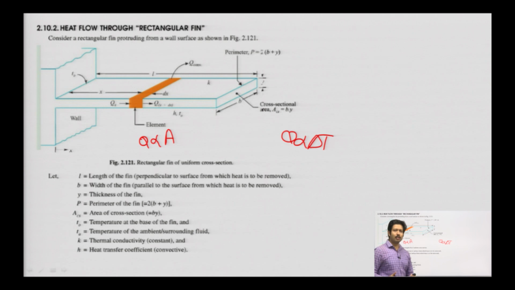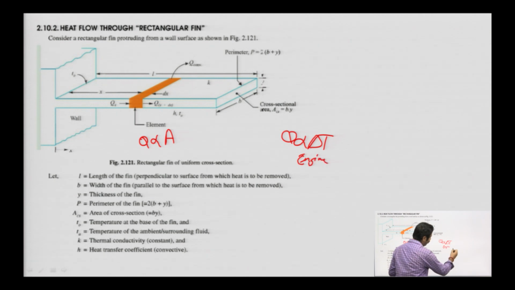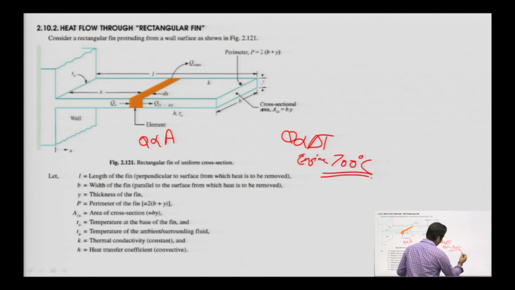This delta T you cannot change, because suppose you have an engine which is combusting at around 700 degrees Celsius. I'm just taking a crude example. Suppose this is the internal temperature and the ambient temperature is 40 degrees Celsius.